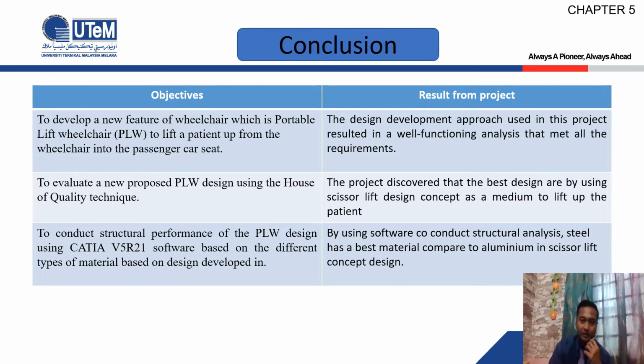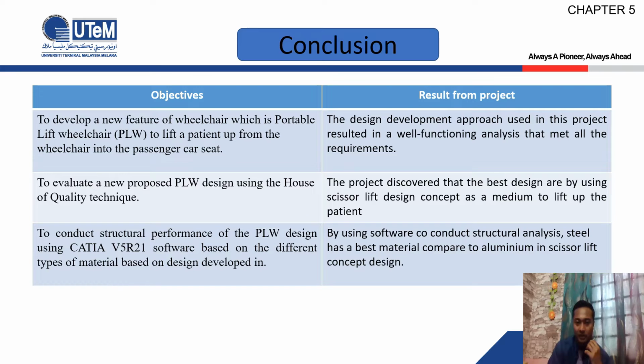So next is the conclusion. The first objective is to develop a new feature of wheelchair, which is the portable lift wheelchair (PLW), to lift a patient up from the wheelchair into the passenger car seat. From the result, the design development approach used in this project resulted in well-functioning analysis that meets all the requirements. The second objective, to evaluate a new proposed PLW design using the House of Quality technique.